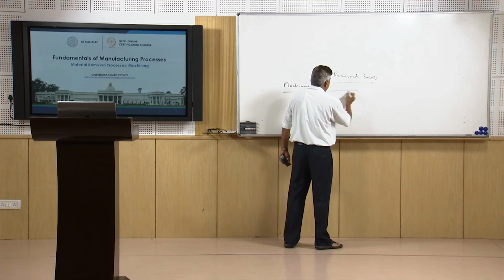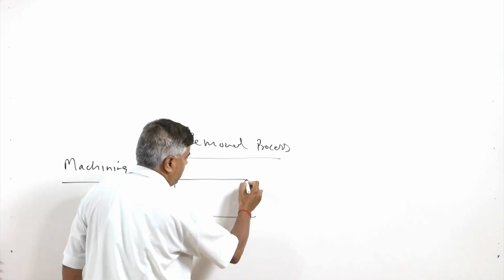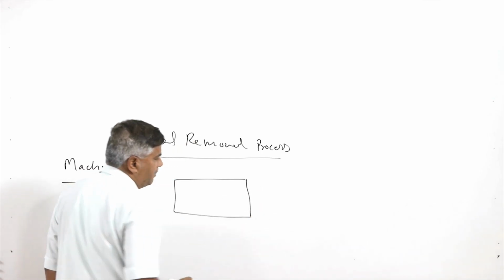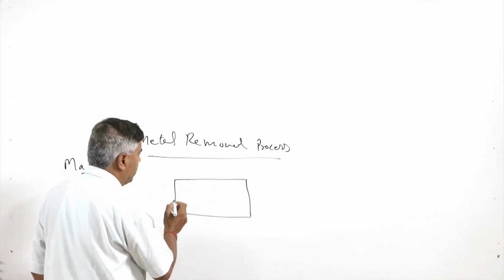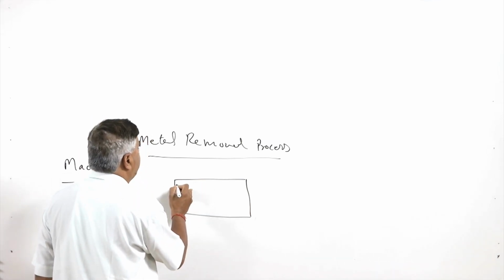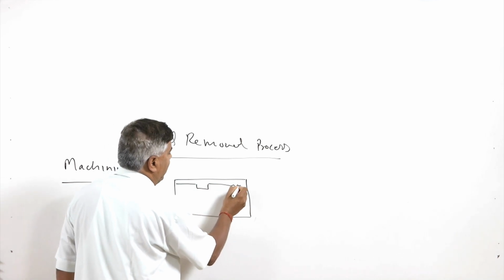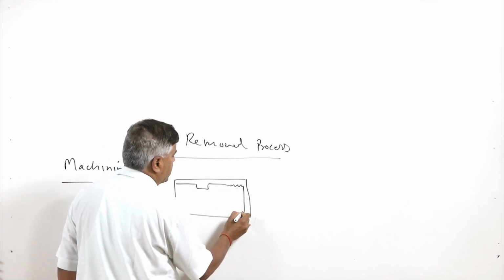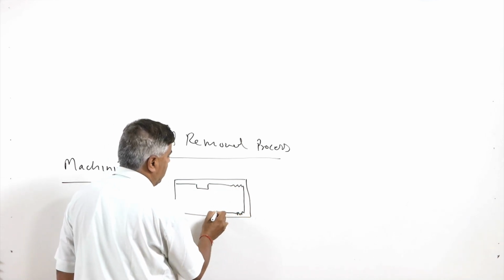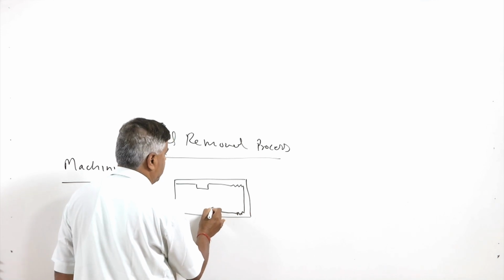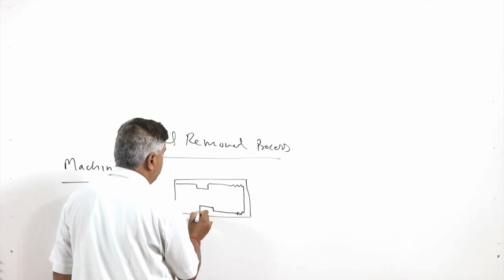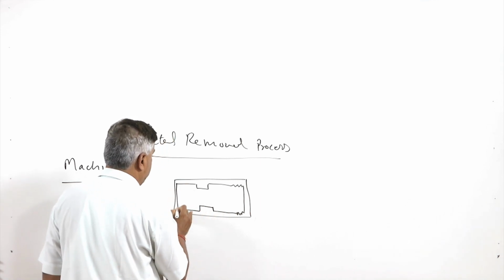For example, the raw material or the stock is of this shape, and we want the final product having a number of features like this. So, such kinds of features can be produced by removing the unwanted extra material.